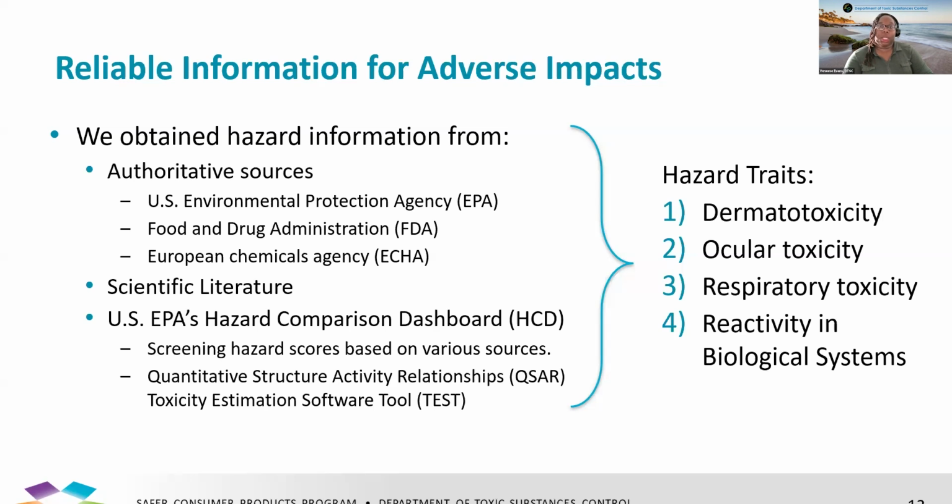The Hazard Comparison Dashboard does this by aggregating data from various authoritative and screening lists and integrating predictive models for some endpoints to fill data gaps. The chemicals we are proposing can be expected to have dermatotoxicity, ocular toxicity, respiratory toxicity, and reactivity in biological systems as hazard traits.